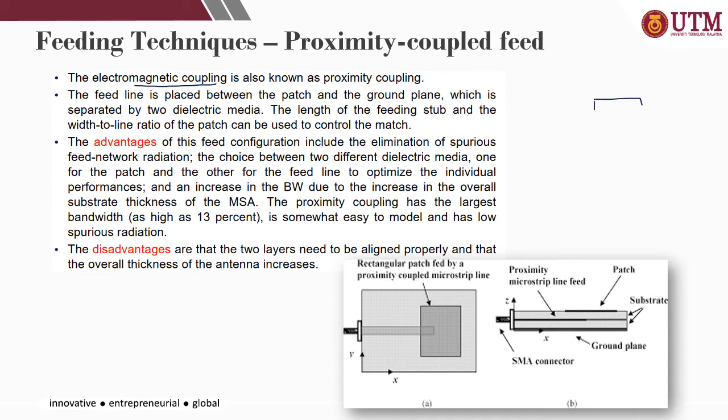So you have your patch on top and you have your ground plane at the bottom, separated by two layers of substrate, substrate 1 and substrate 2. So this is your patch and this is your ground plane. The proximity coupled feed is introduced here, somewhere in between the two substrates.